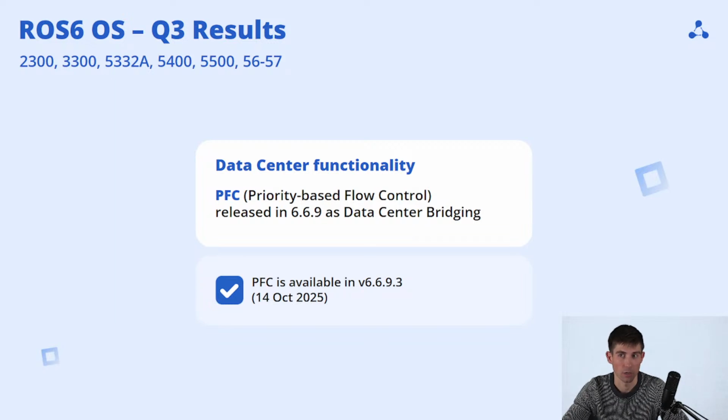Traffic like VoIP or video streaming, where latency is crucial, can be prioritized over not-so-important traffic, and this is a great improvement that we managed to push in version 6.6.9. It's available for ROS 6, so for all the model lines in the title of the slide, you can get this and test it in your data center.